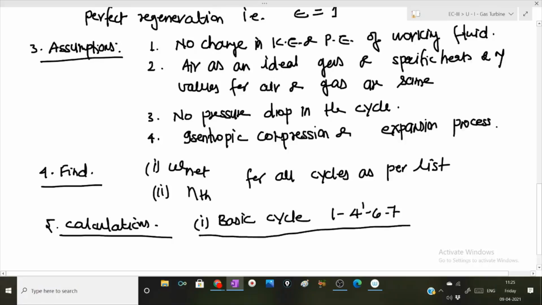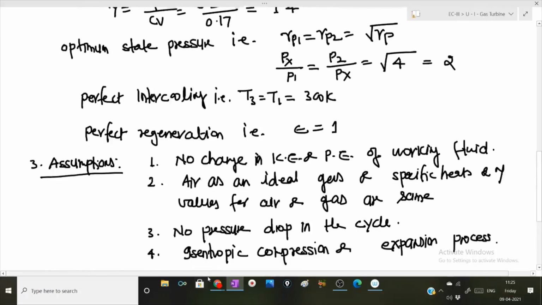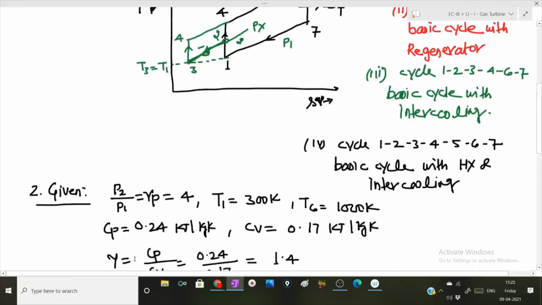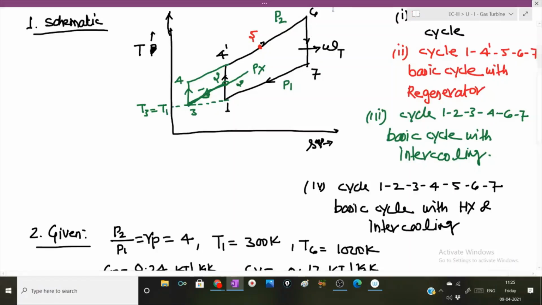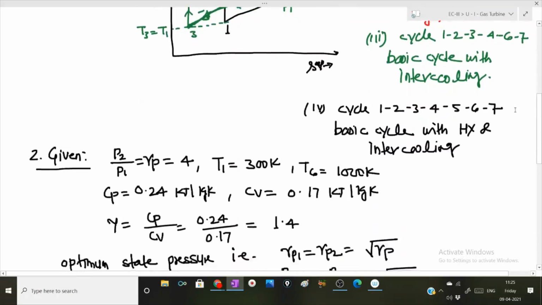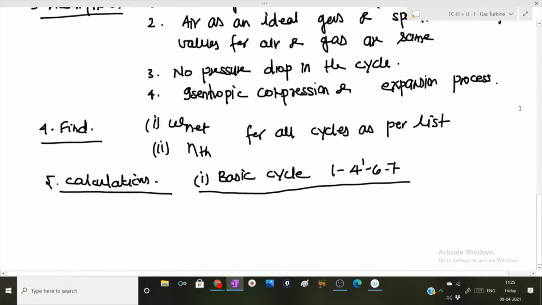For this cycle, let us calculate specific work output and thermal efficiency. So as per our usual practice, whatever calculations I will be doing, I will be doing to get the values of end temperatures: T1, T4', T6 and T7. So T4' and T7 are unknown, T1 and T6 are known to me.